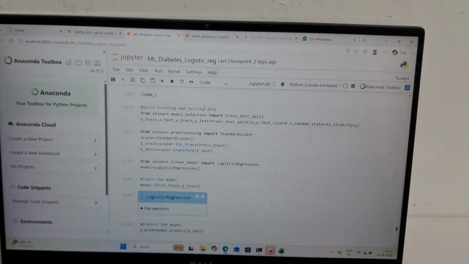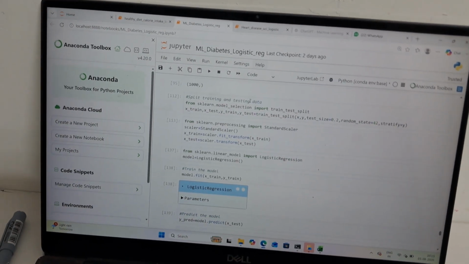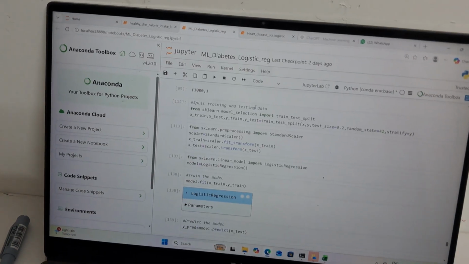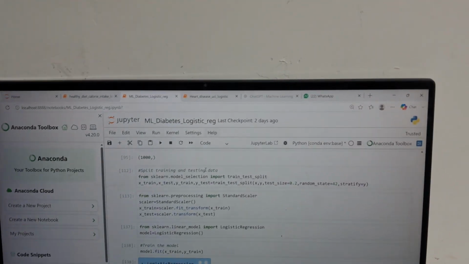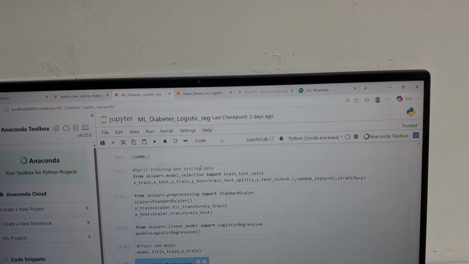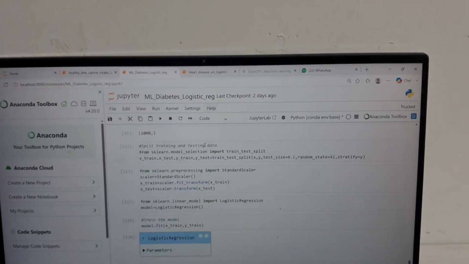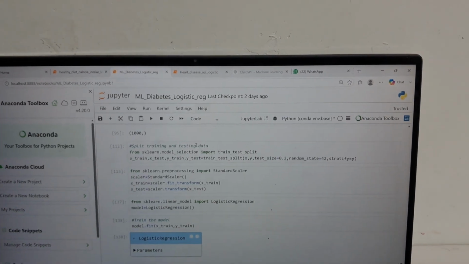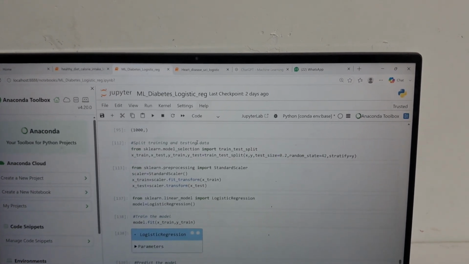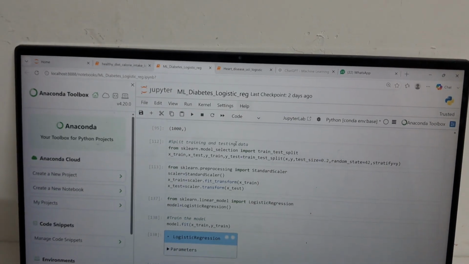Now when I separate training and testing data, 80% of the complete data is training data. In that training data, some patients might be diabetic, some non-diabetic, so some ratio will be there. That same ratio will be there in testing data.